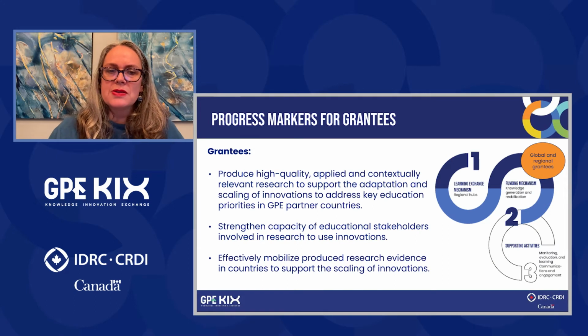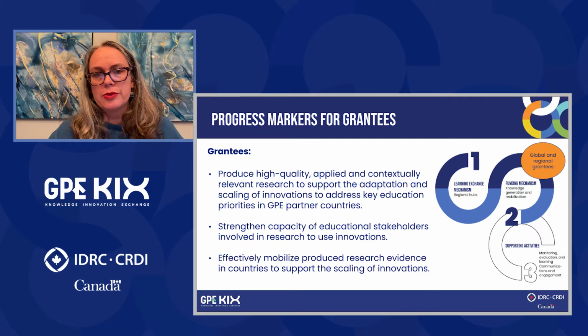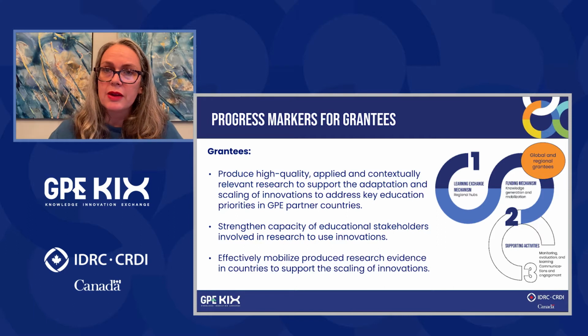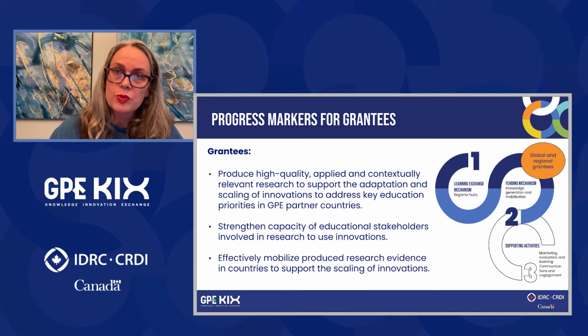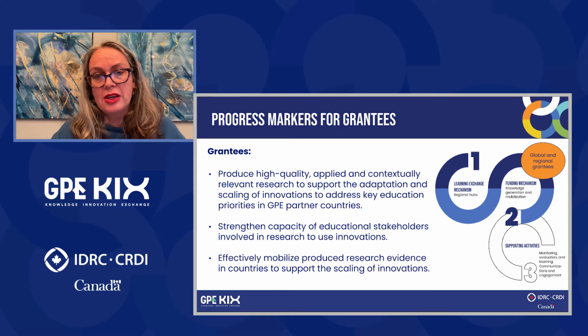The progress markers overall for the regional grantees capture these changes. This is what KIX is hoping that it can support in your research teams: the high quality, applied and contextually relevant research, the ways that you strengthen capacity of education stakeholders that you're working with in your research, and how you mobilize the research evidence that you've produced as well.